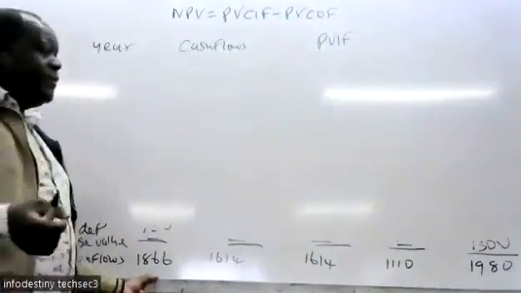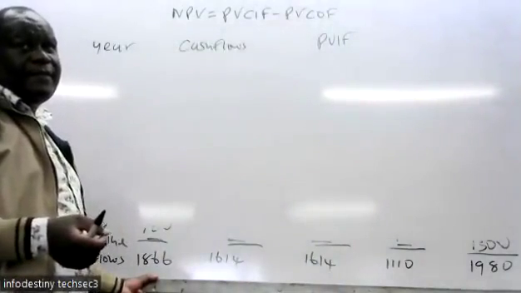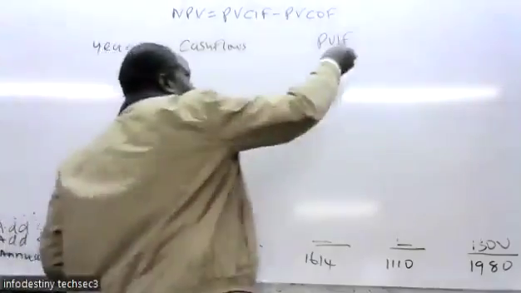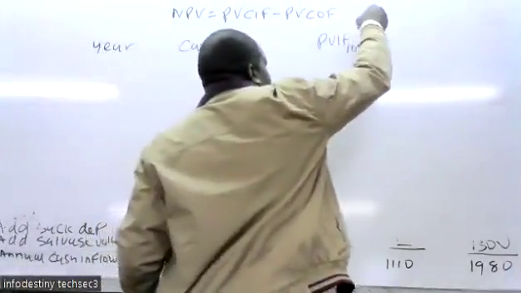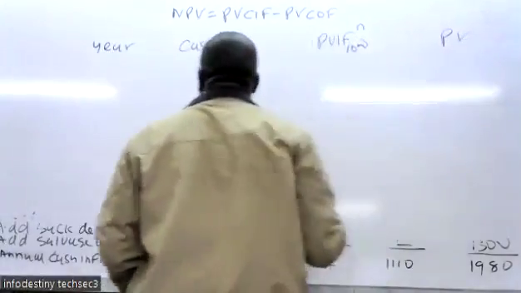The cost of capital for this question you are given is 10%, for each year so that you get the present value.